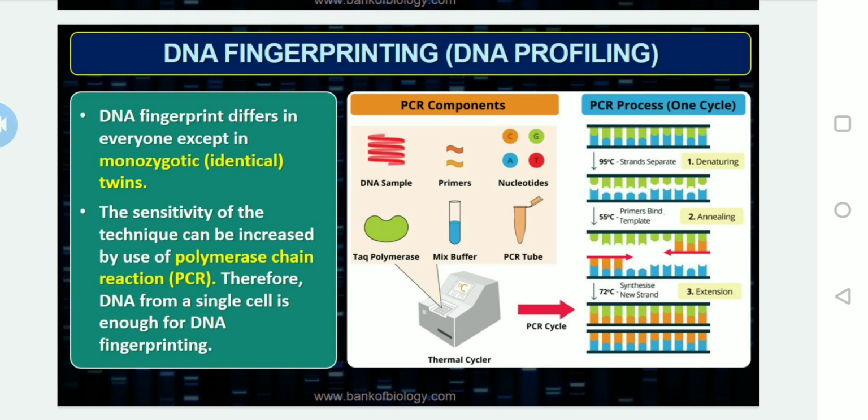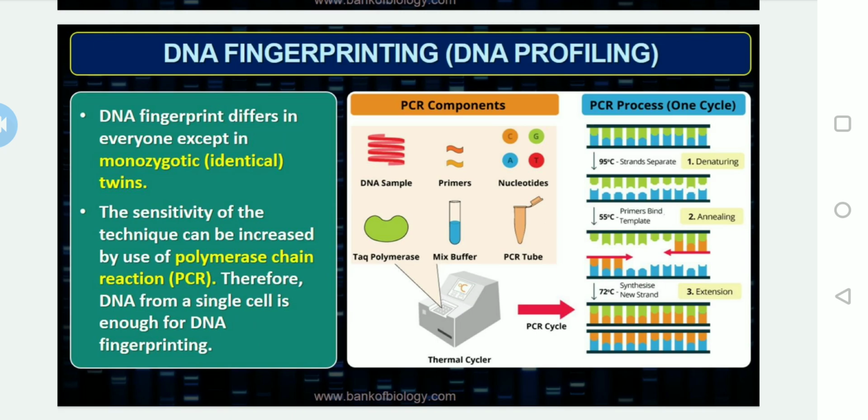Then the sensitivity of the technique can be increased by use of polymerase chain reaction, that is PCR. Therefore the DNA from a single cell is enough for DNA fingerprinting. Nowadays there are a number of people who think that while committing crimes they must not have left any proof.